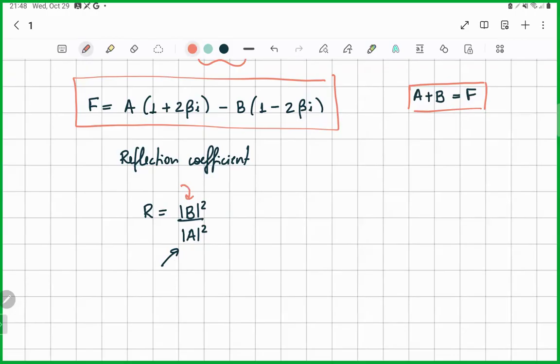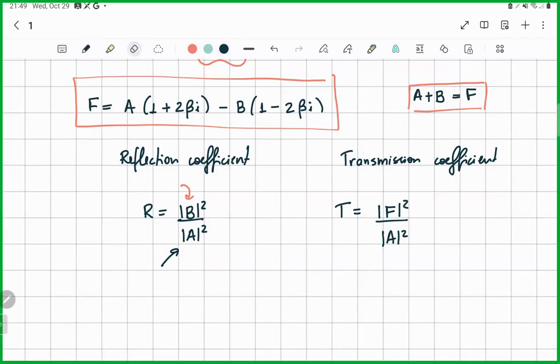We can also ask about the transmission coefficient. From everything that we threw, how much got transmitted is contained in the F part. We can compute these two things based on the two equations that we have, equation 1 and equation 2.